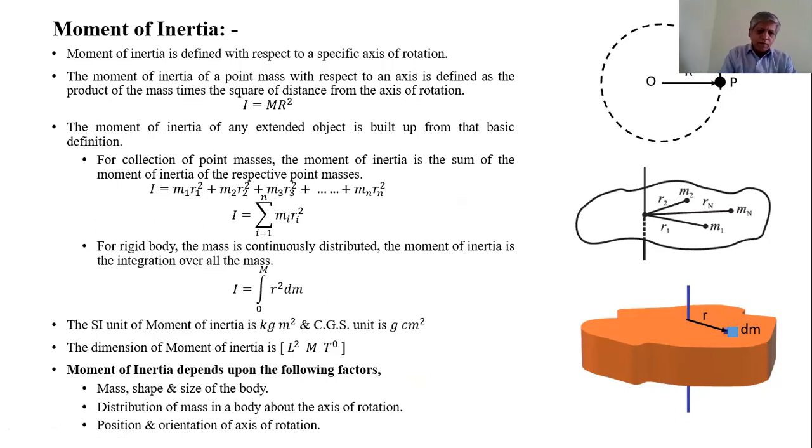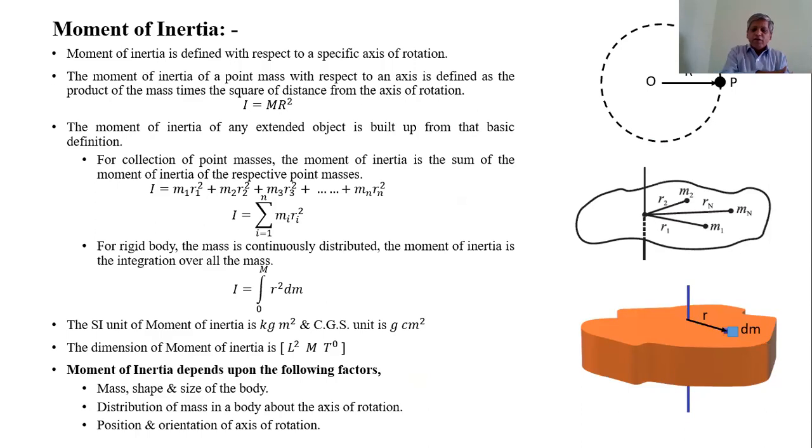For example, if we consider a solid cylinder about its own axis, the moment of inertia is mr square by 2. But when it is pressed by hammering, its mass can be widely distributed. Its shape can be changed.